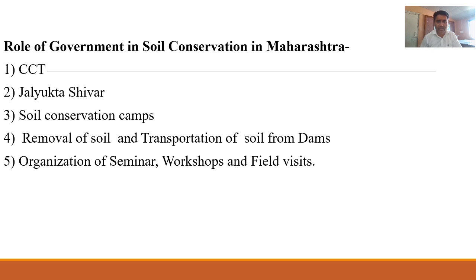In these 50 years, they have stored soil, mud, and that mud is fruitful, useful for production, and that's why this process of siltation is continuously going on throughout Maharashtra.